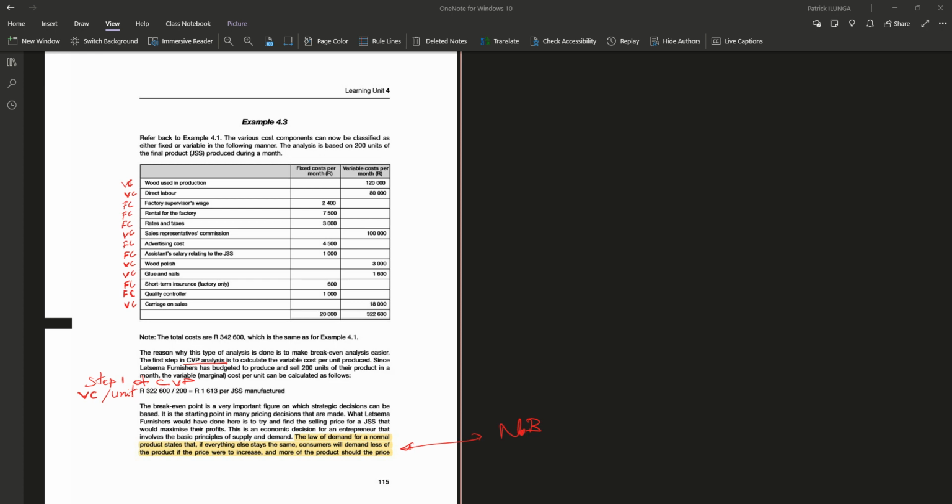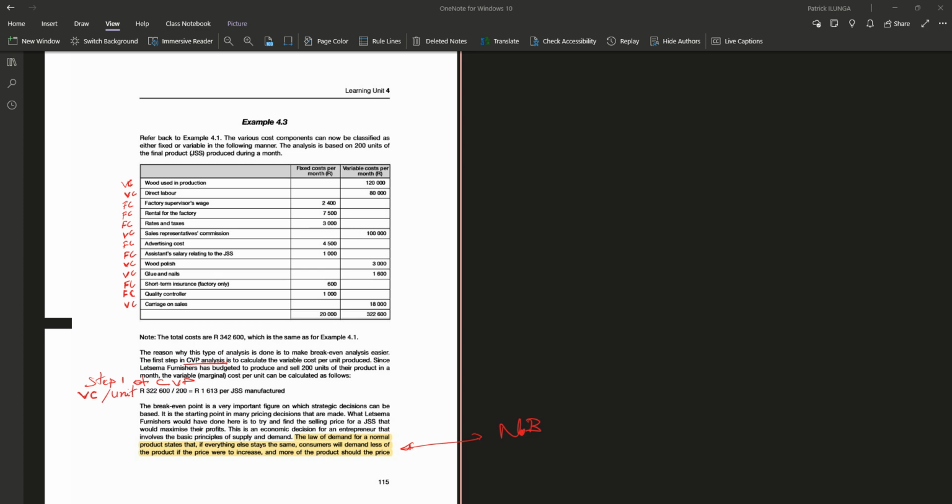And if you remember again, we have the total cost that was 342,000, right? So just like in example 4.1, same items are provided here in this table. It is that famous example of the JSS, right? And here we're going to use the CVP analysis in order for us to find the break even, or make the break even analysis easier.